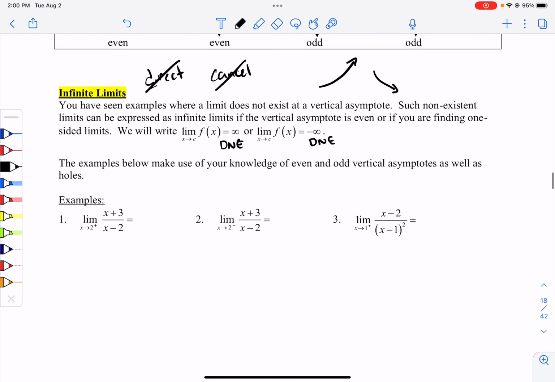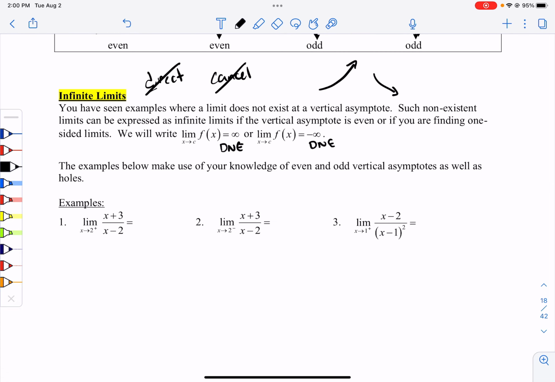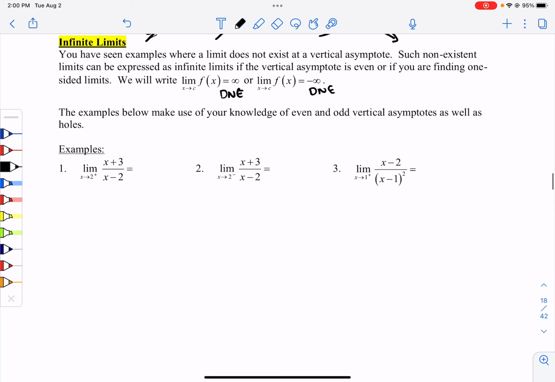A couple of examples will take that nonsense and put it into something you can use. So I have this limit as example number 1. As x approaches 2 from the right, I want to evaluate x plus 3 over x minus 2. I want to know what's happening. Well, I can't do direct substitution because I get a 0 on the bottom. Nothing cancels or eliminates.